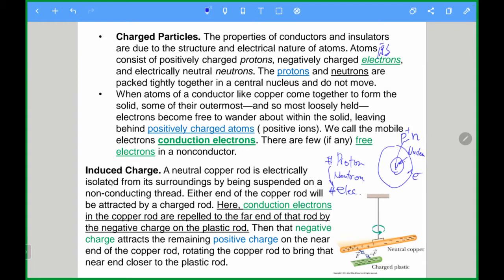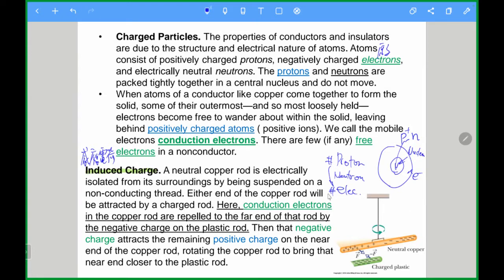Okay, so here we also try to mention another concept called induced charge. In Chinese, it is called 感应电荷. So here it says a neutral copper rod in the bottom right figure.